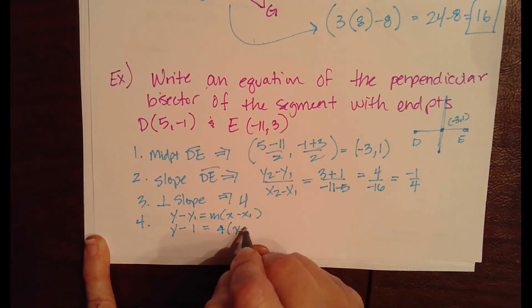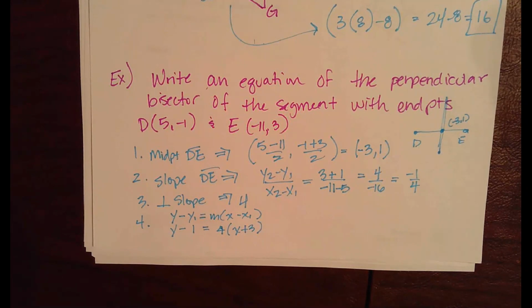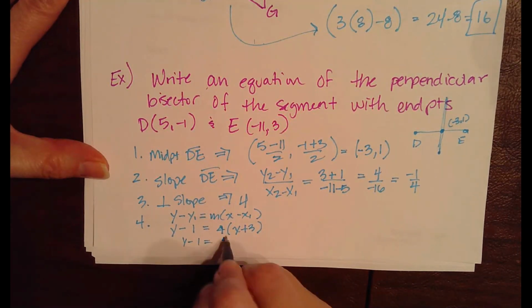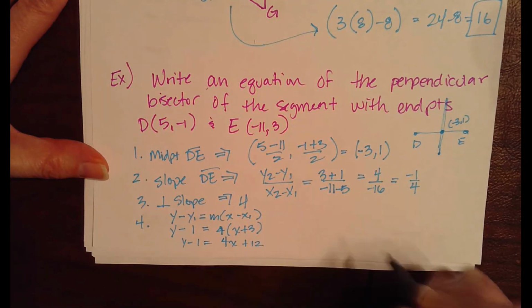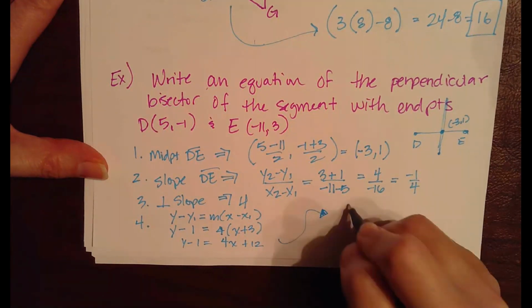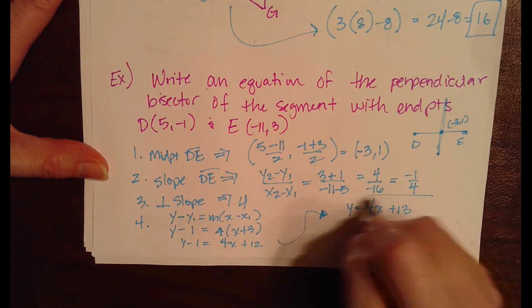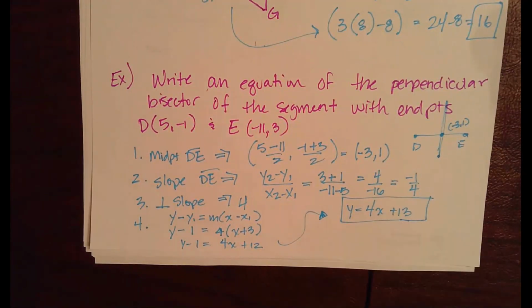And I'm going to solve. So I get y minus 1 equals 4x plus 12. I get y equals 4x plus 13. So that is the equation of my perpendicular bisector of the line segment DE.